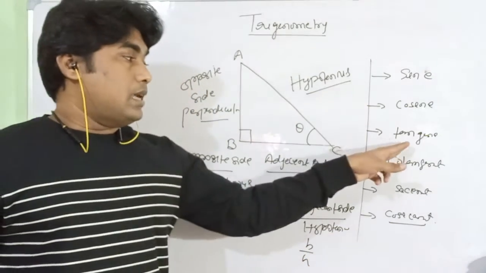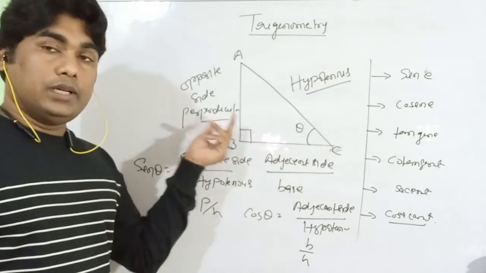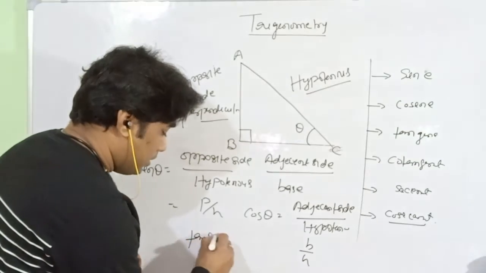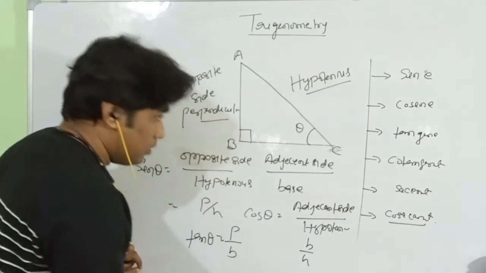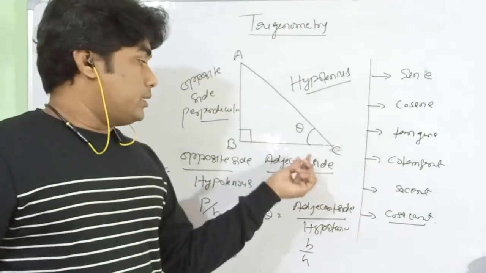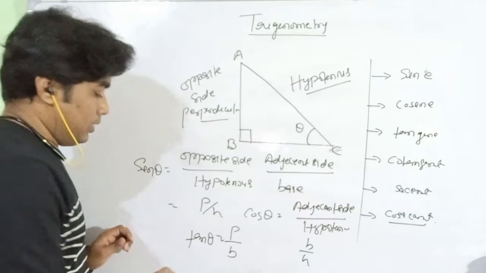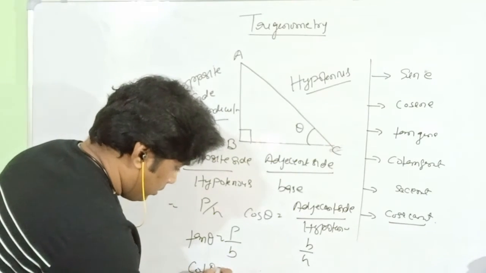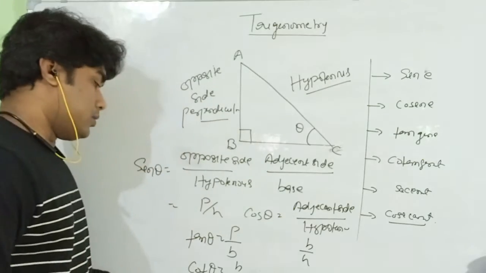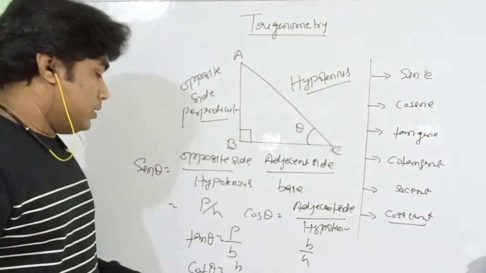Similarly, tan theta is establishing the relation between opposite side, that means perpendicular, and base of a right angle triangle. That's why tan theta is known as P upon B. Cotangent establishes the relation between base and perpendicular of a right angle triangle. Also here, see, this is the inverse of tan theta.